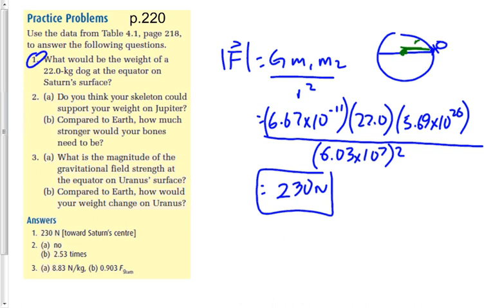That makes sense? We always want the distance from the center of the planet or the center of the producer to wherever the object is. So if the dog was way up here, I guess it doesn't look much like a dog, then we're going to want to use this distance right here. The distance from the surface to the center and the distance from the surface to the dog or the person or whatever right up there. Okay, always the distance from the center to wherever the object is. Is that good?